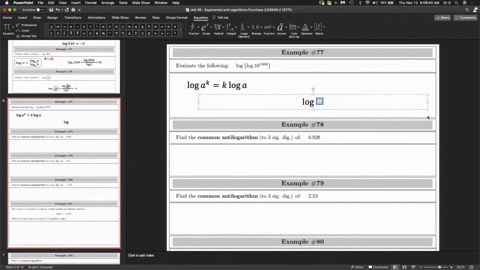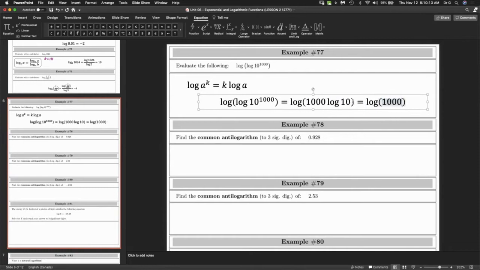So log of 10 to the 1000. The first thing that I would do is take the quantity in the bracket, and see this 1000 here? I would do the same thing that I did with k over there. So I'd bring it in front.